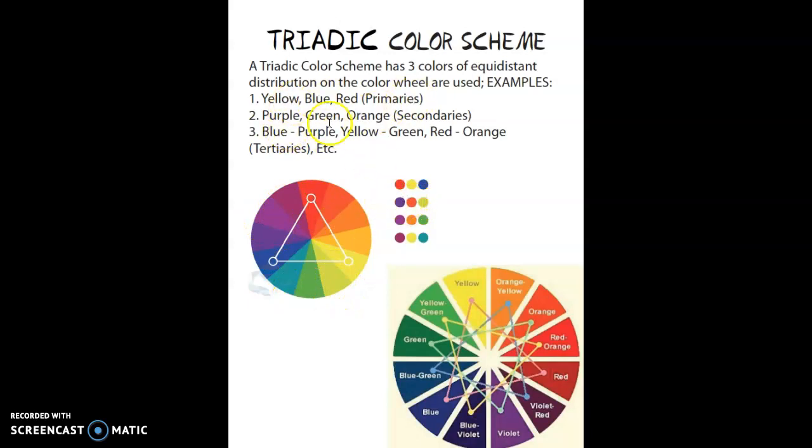Your primary colors are a triadic color scheme. Your secondary colors, purple, green, and orange, would technically be a triadic color scheme, and then your tertiary colors. So you can look at this and it shows you if I take yellow green, I would take orange red, and blue violet, right? This is a good resource to use for your assignment later.